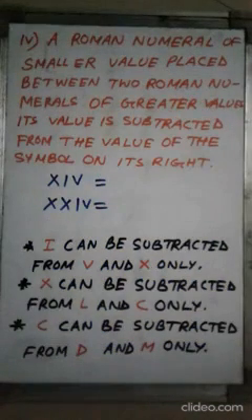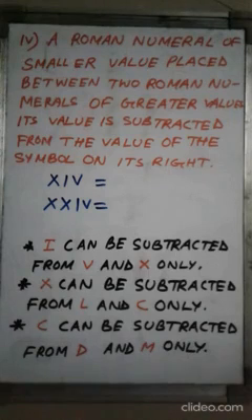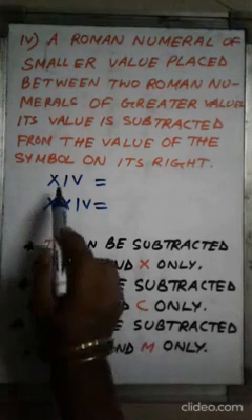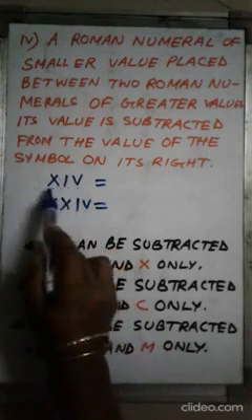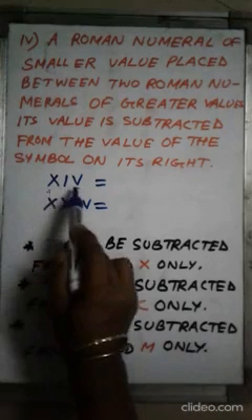Rule number 4. If a Roman numeral of smaller value is placed between two Roman numerals of greater values, its value is subtracted from the value of the symbol on its right. That means if a smaller value is in between two greater values, what we have to do?